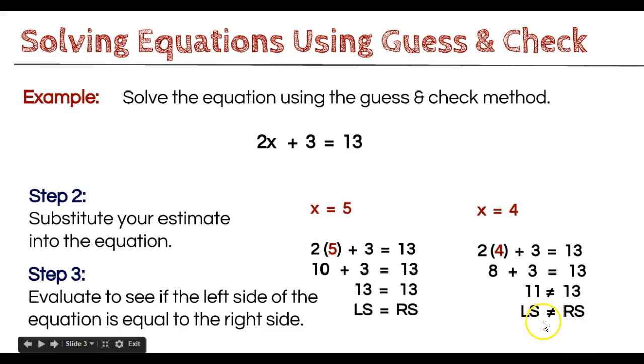What that tells me is that 4 was not big enough. What I substituted in for x was not a large enough value because my left side is smaller than my right side, so I need to choose a larger value. It tells me my value is wrong, and I need to try a value that better matches the equation.